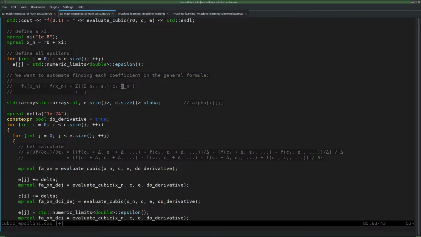And we could do another summation, a third summation that runs over all the exponents of xn, to make it more general.